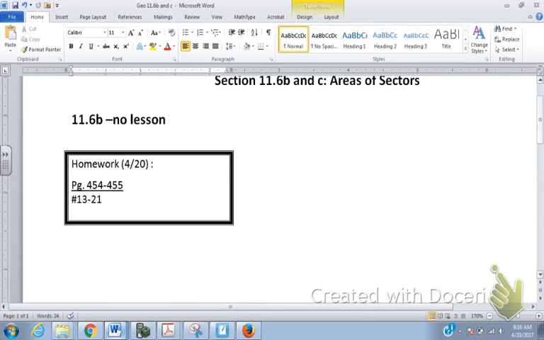And hopefully by the time you go home, you got most of the hard things out of the way, and you can focus on the easy ones and rush through them. Okay? So start at 21. Ask plenty of questions. That way you're not at home sitting for an hour thinking about one problem. So we're just doing 454, 13 through 21. And it's actually all on page 454.